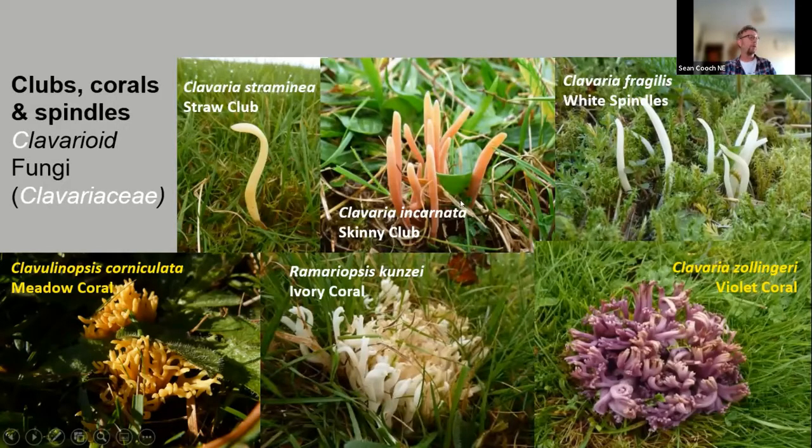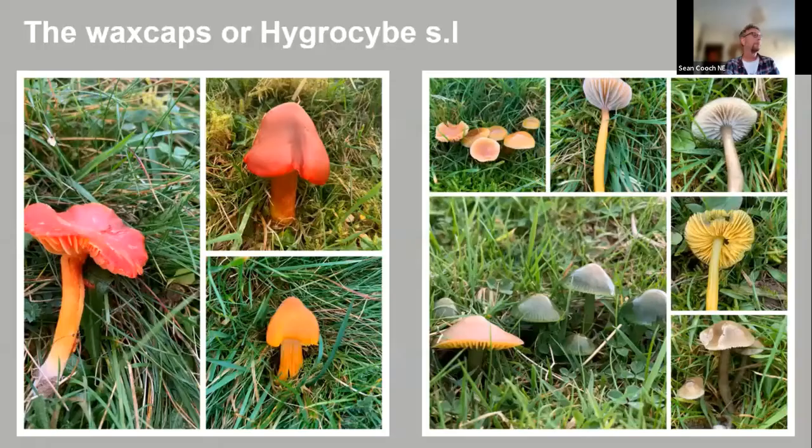And others are a lot rarer, such as the skinny club. And it's not actually Ramariopsis kunzei anymore, I think it's Robusta. But like I say, I'm not going to apologise for the taxonomy tonight, because it's always changing. So you'll see the names that I last came across within the presentation.